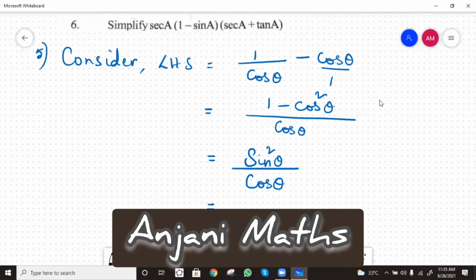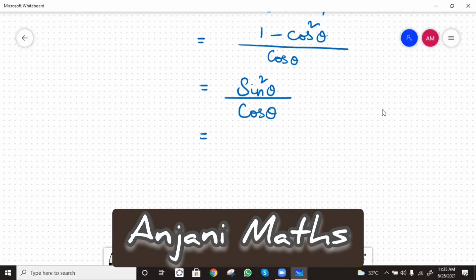So how we have to modify this? Depending upon the right hand side, we have to modify the terms. So sin theta by cos theta into sin theta. Let us write like this. Is it clear? Sin square theta, we have written it as sin theta into sin theta. In the denominator, we have cos theta. What is sin theta by cos theta?